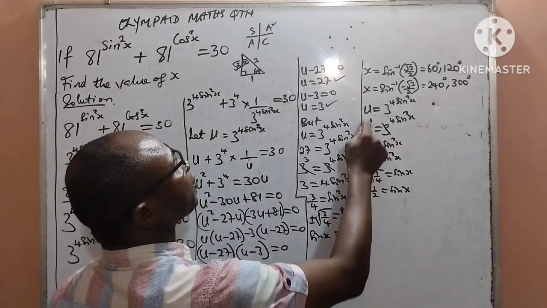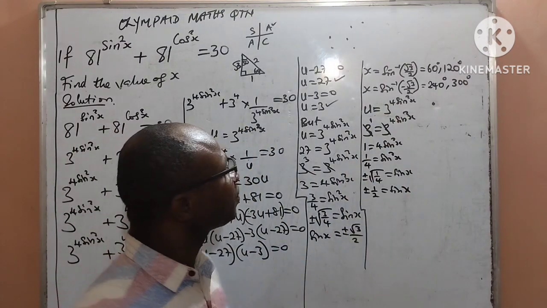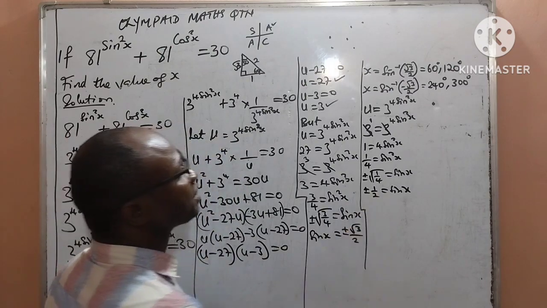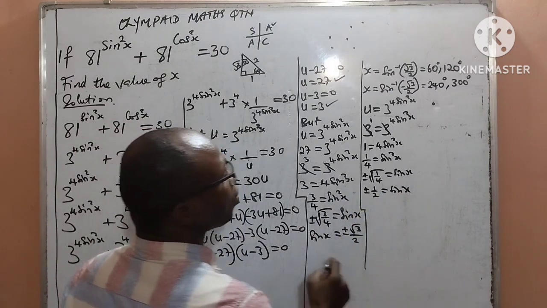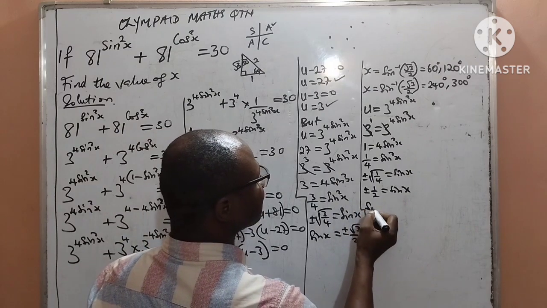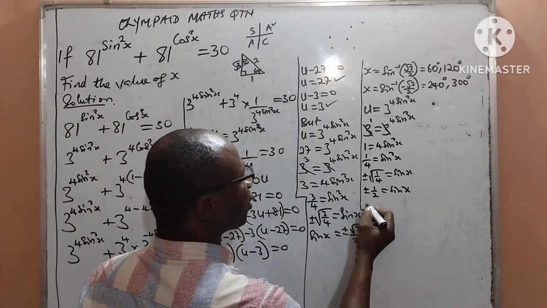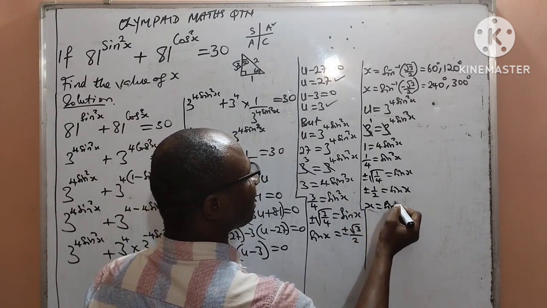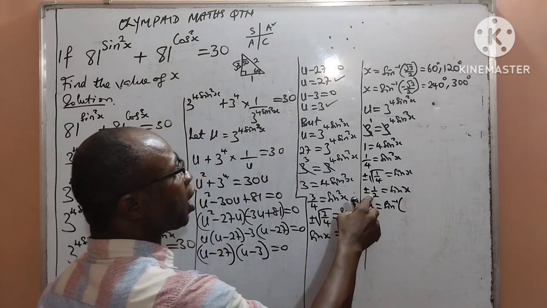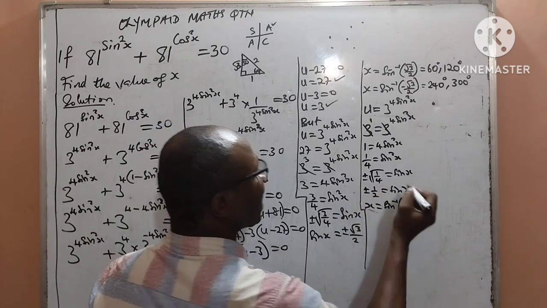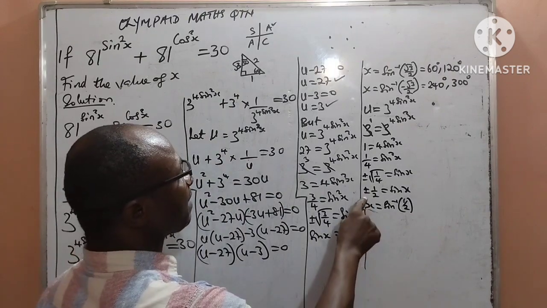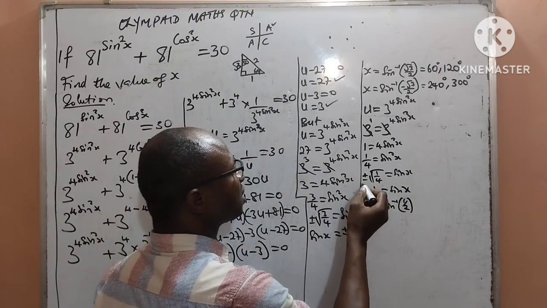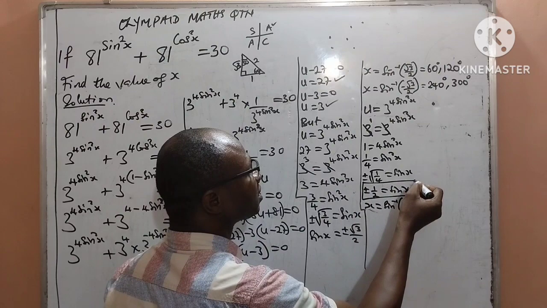We are now testing for u equal to 3. Now, at this point, for me to get the value of x, I say that sine x is therefore equal to sine inverse or arcsine of, testing for positive half first. Remember, I have plus or minus. Take note of this point.